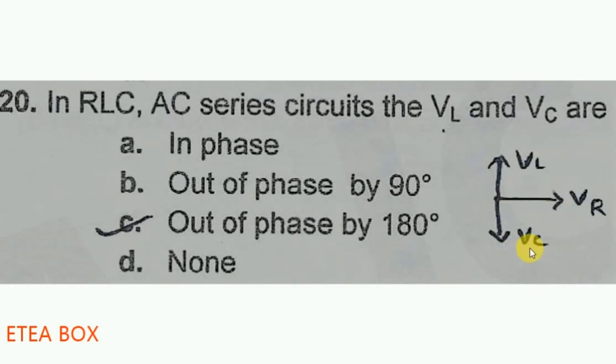In case of an inductor, the voltage leads the current, so the voltage will be in this direction and the current in this direction, at 90 degrees. So the required are the VL and the VC. Look here, the VL and the VC are out of phase by 180 degrees. A 180 degree angle is present between these two.